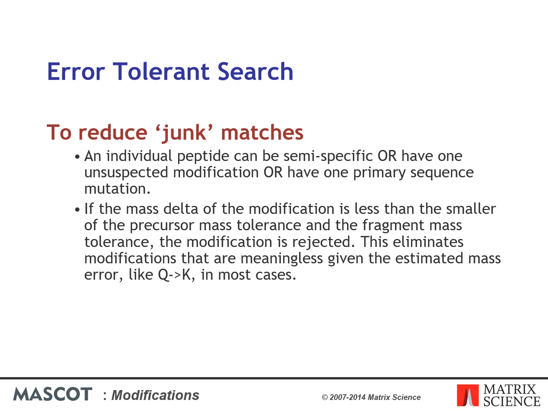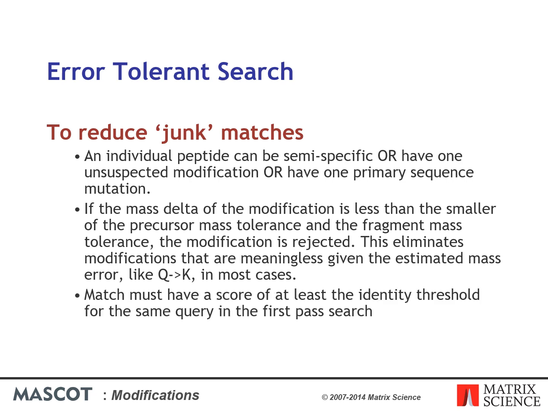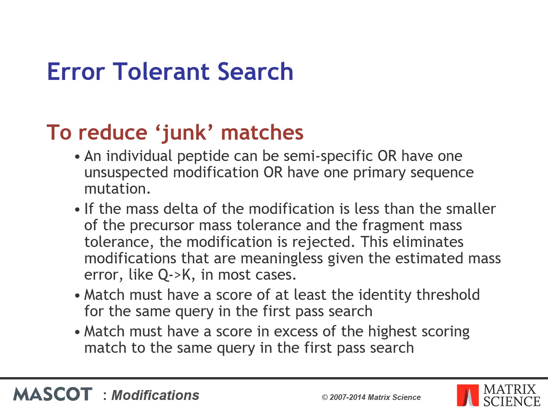This eliminates modifications that are meaningless given the estimated mass error, like glutamine to lysine in most cases. The match must have a score of at least the identity threshold for the same query in the first pass search. The match must have a score in excess of the highest scoring match to the same query in the first pass search.